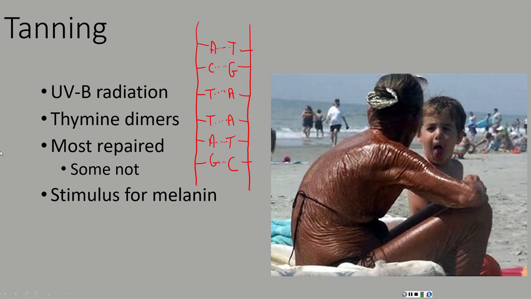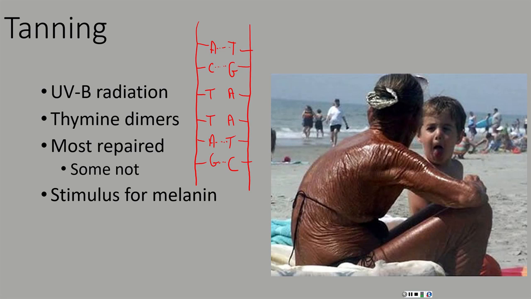Well, the reason that ultraviolet radiation is a problem is because it causes something called thymine dimers. And what a thymine dimer is, if we look here, anywhere in your DNA, and this will happen regularly, you will have two thymines right after each other on the same side. So I see a thymine here, and just beneath it, I have a thymine here. When that happens, ultraviolet radiation can come in and it breaks those hydrogen bonds.